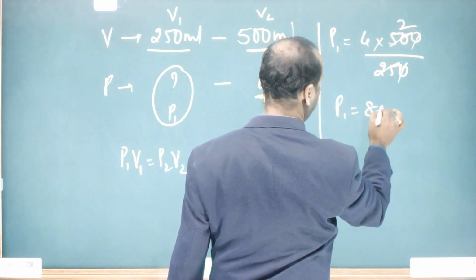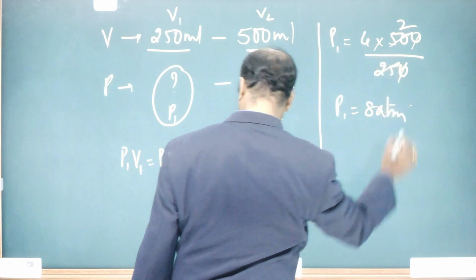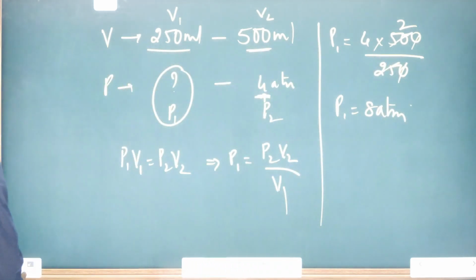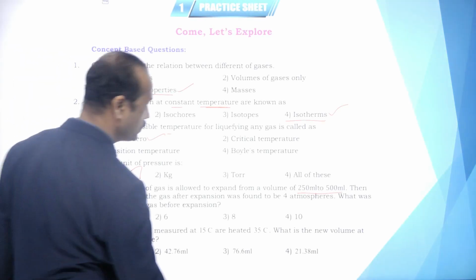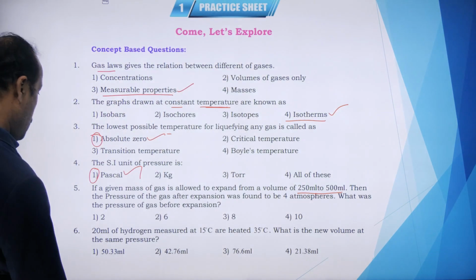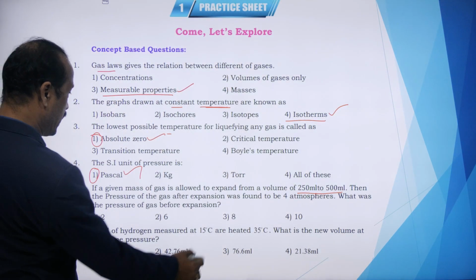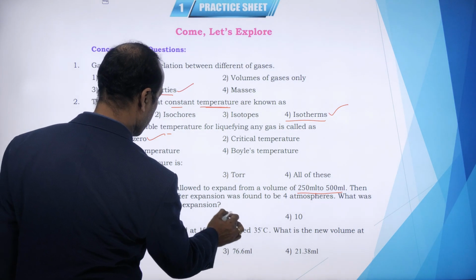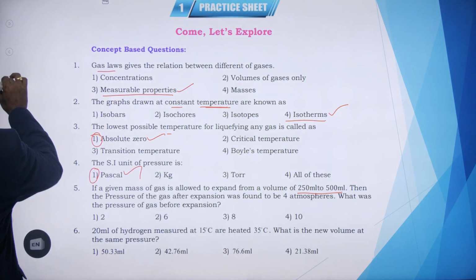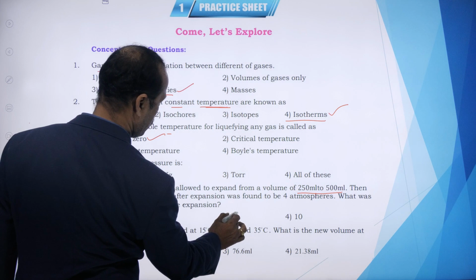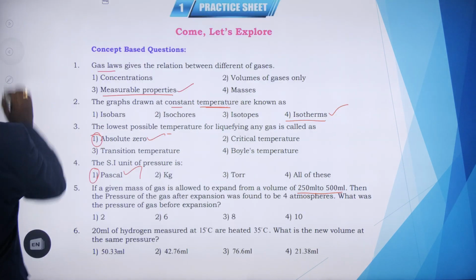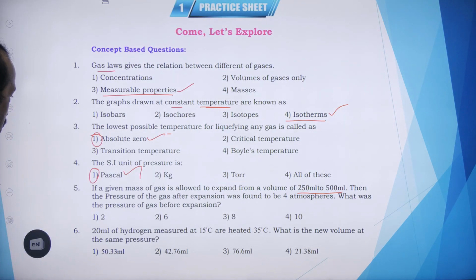So P1 is equal to 8 atmospheres. Let's check whether the answer is there. Yes, 8 atmospheres. So the option is the third option.